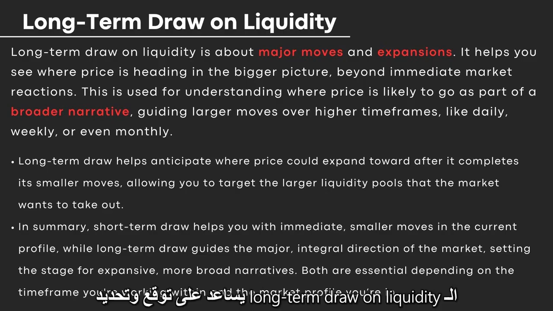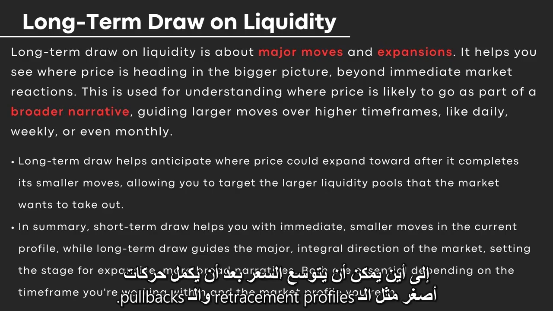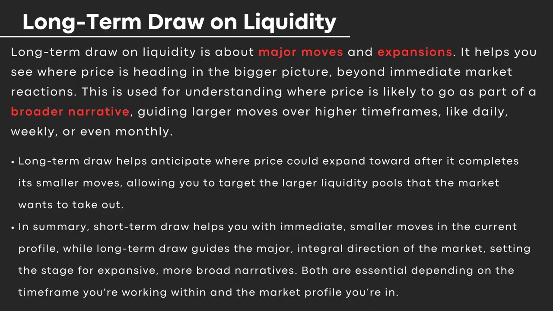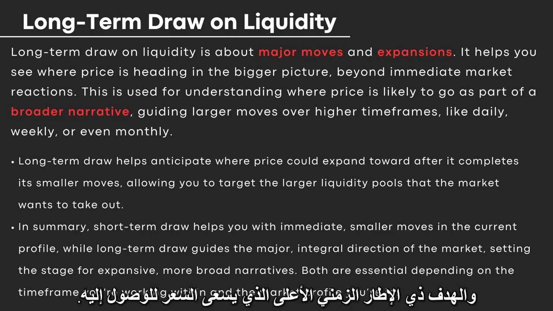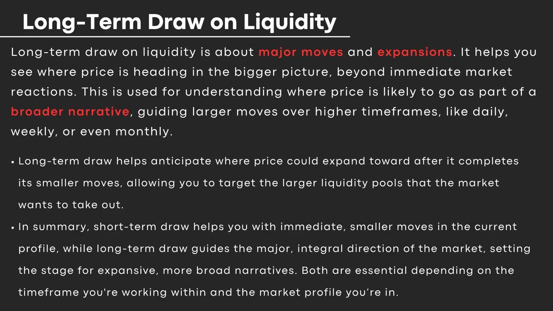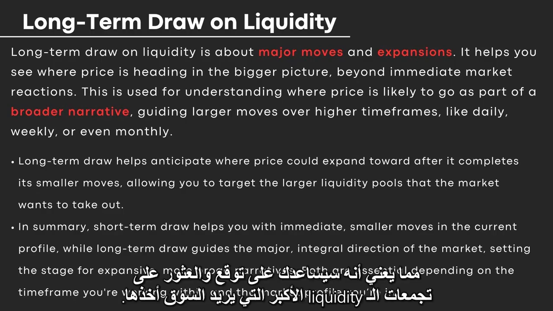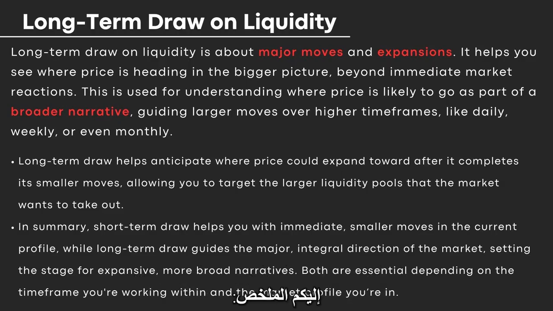Long-term drawn liquidity helps anticipate and determine where price could expand towards after it completes smaller movements like retracement profiles and pullbacks, right? Which integrally allows you to target the larger liquidity pools and the higher time frame objective that price is reaching for, meaning it'll help you anticipate and find the larger liquidity pools that the market wants to take out.